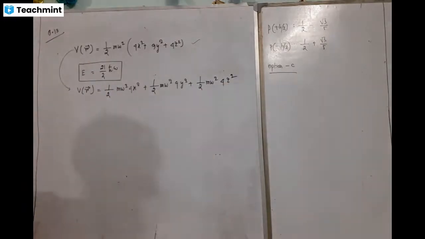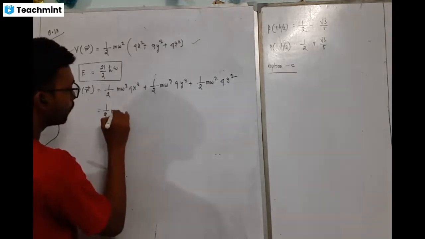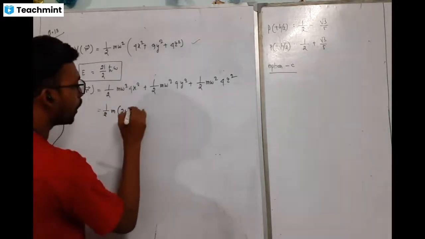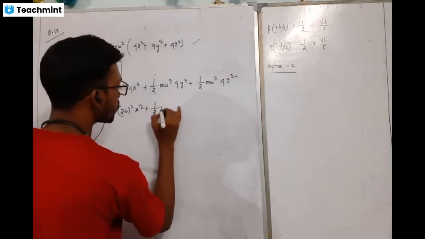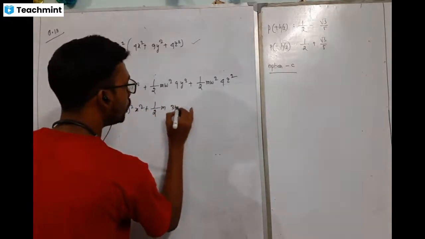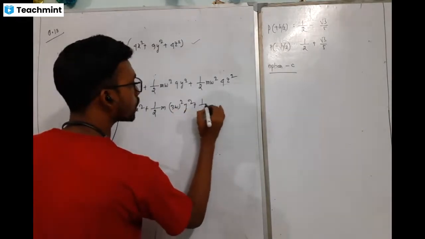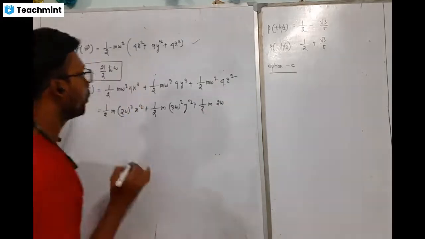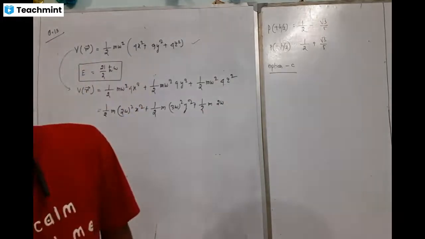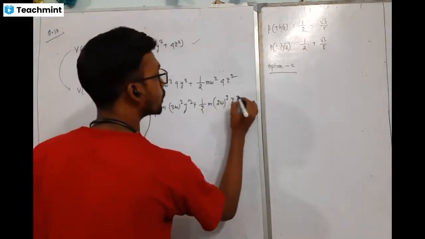Now we can simplify this expression as half of m (2 omega) whole square x square plus half of m (3 omega) whole square y square plus half of m (2 omega) whole square z square.